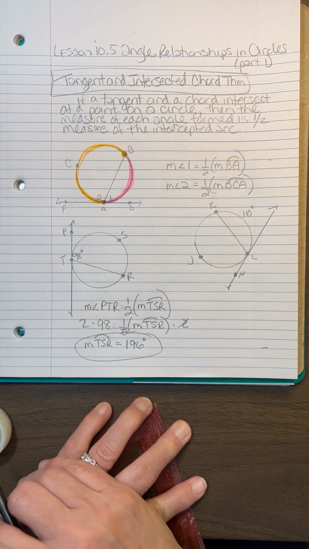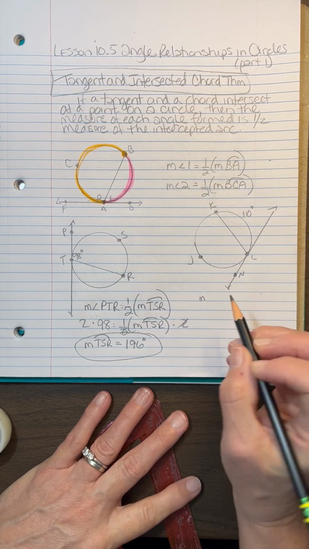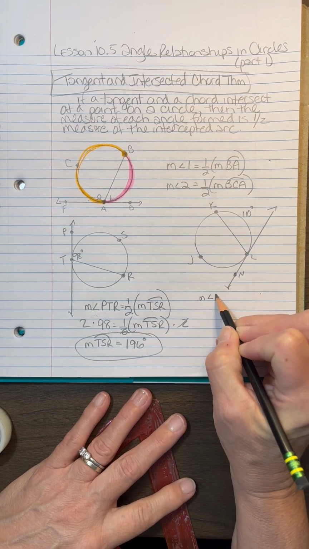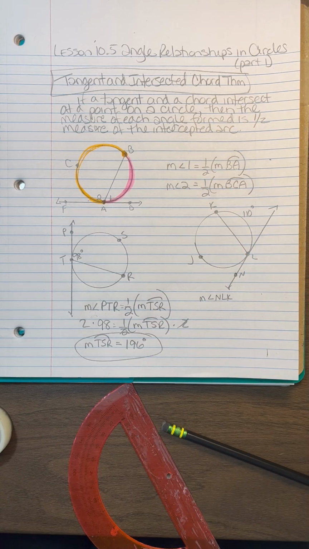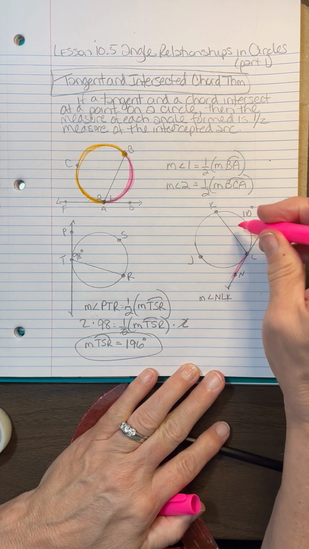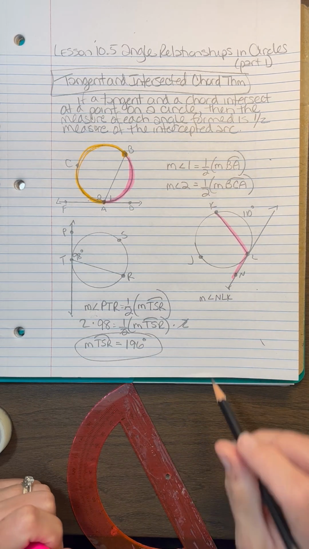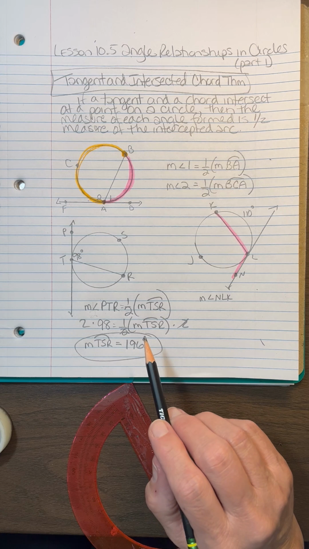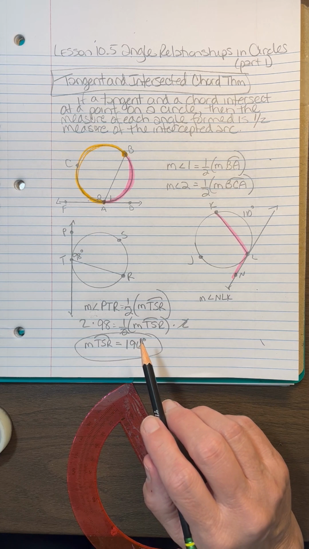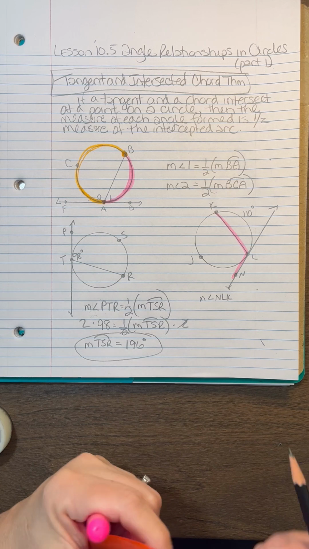And if we want to know the measure of angle NLK, so we want to know this angle right here, but they don't tell us the arc that angle is intercepting. They tell us the other angle, or the other arc.